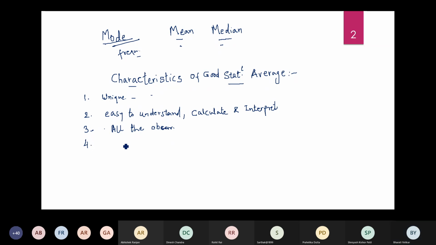Then whatever the value you are getting, it should be used for further mathematical calculations. Otherwise, if you are not taking all the observations, then you will get the wrong average. Then for further analysis, further calculation, inferential statistics or whatever, you will get the wrong results.